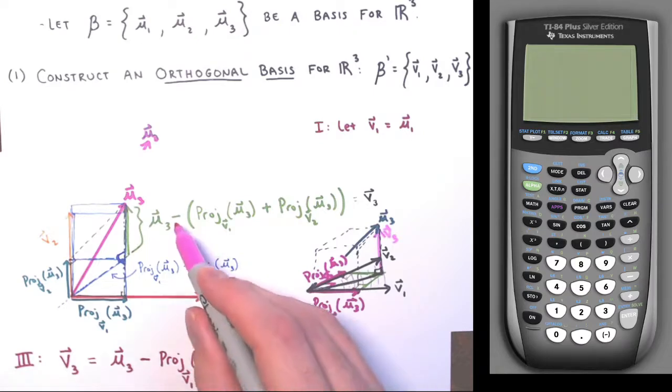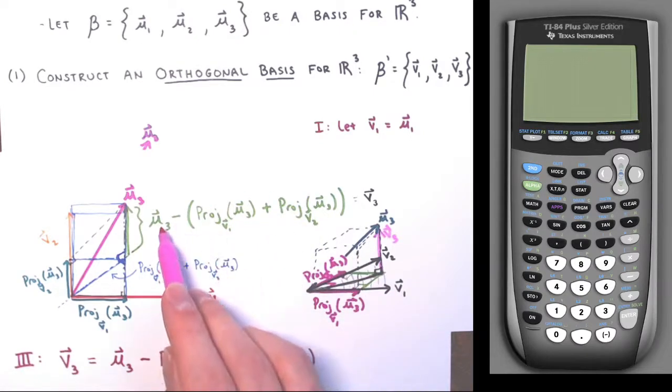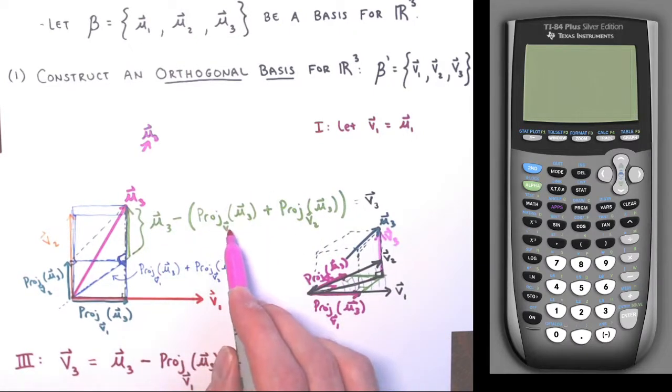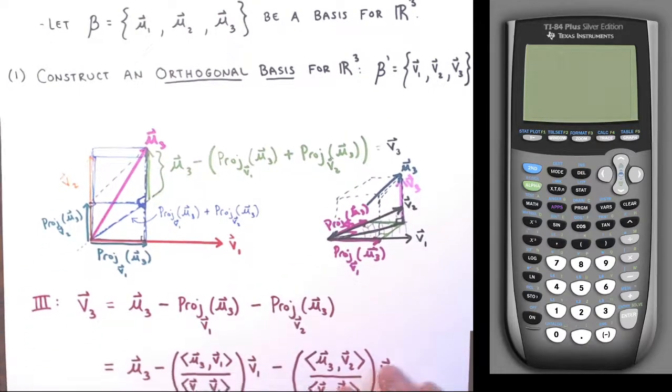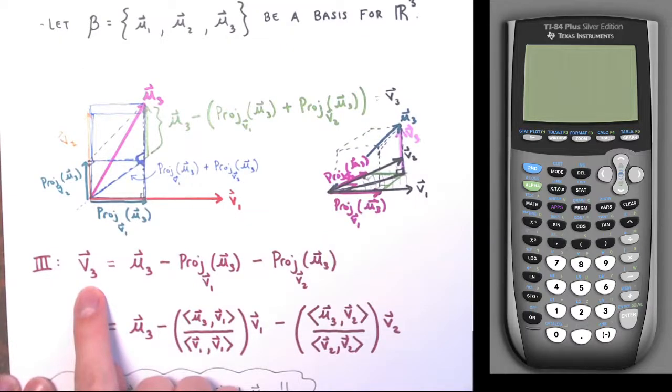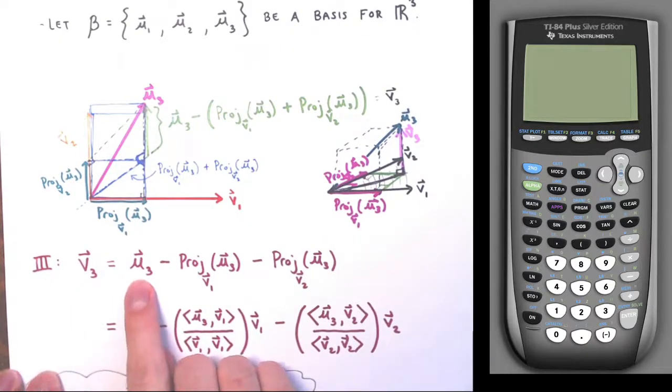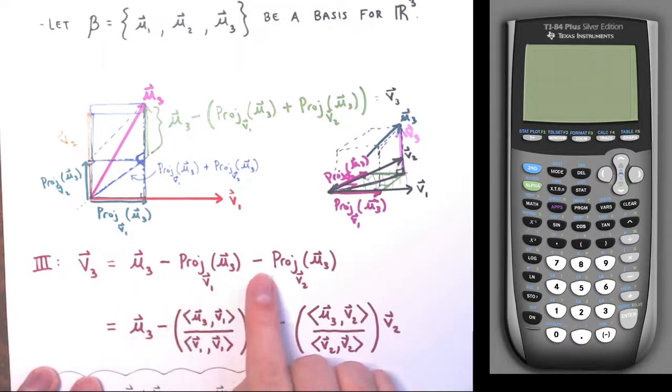And if you distribute the minus sign, you get u3 minus the projection of u3 onto v1 minus the projection of u3 onto v2. So you can see here, again, even if the drawings are crap, that v3, the third vector in my orthogonal basis, is the third vector from the original basis, and then I subtract its projections onto the other two I made.